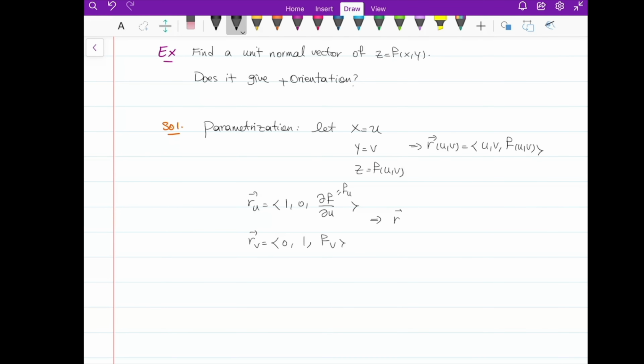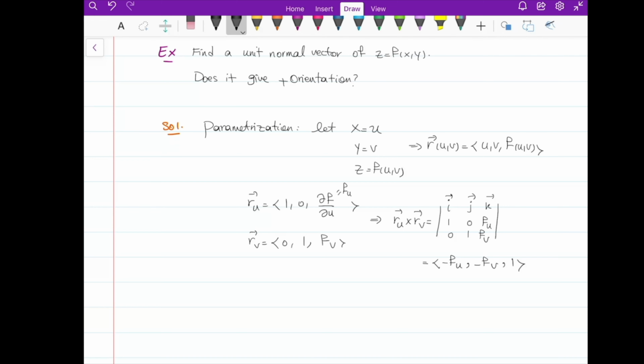So the cross product of r_u and r_v would be the determinant of this matrix. On the second row I put 1, 0, f with respect to u, and then 0, 1, f with respect to v. Let's calculate this. It would be negative f with respect to u, and then I remove the first row, second column, then it would be negative f with respect to v, and then 1.